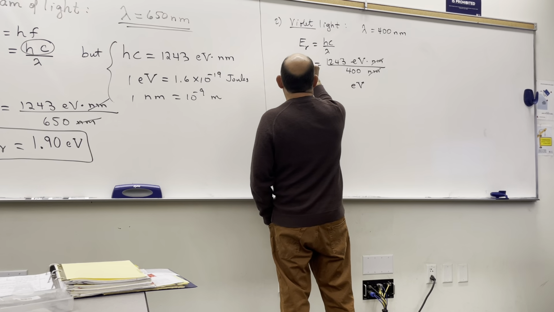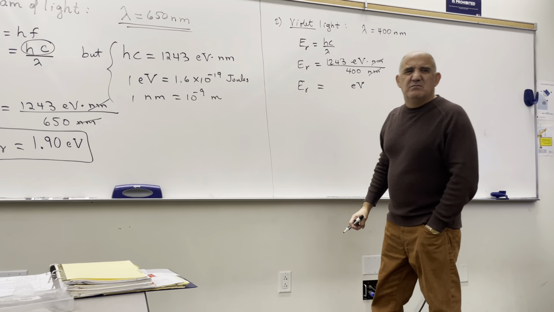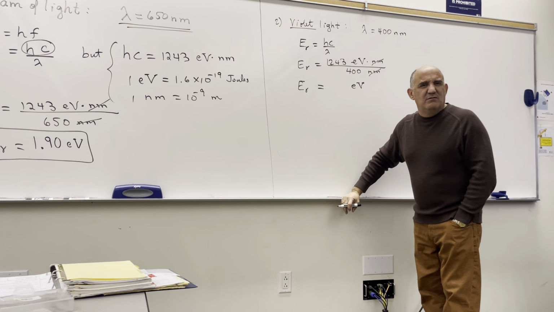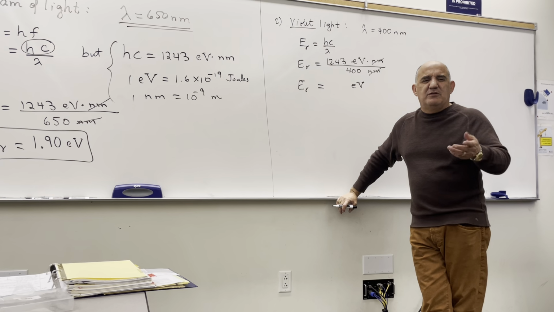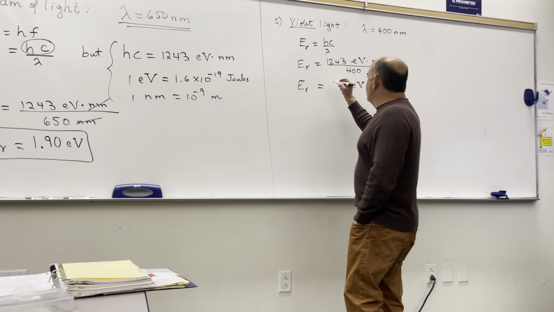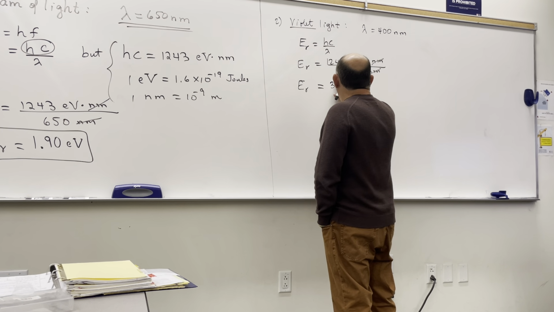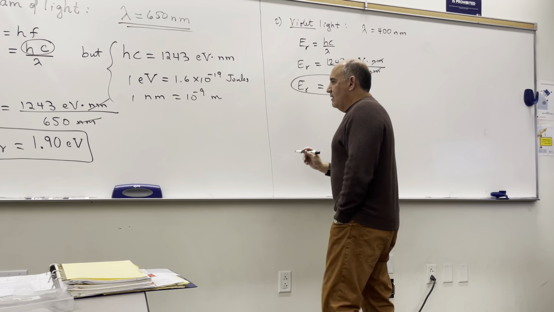It should be somewhere around 3.2, 3.1. So for the visible spectrum, it's from about 1.7 to about 3.2, but let's just make sure. 3.11, okay, so let's make it 3.1 electron volts.